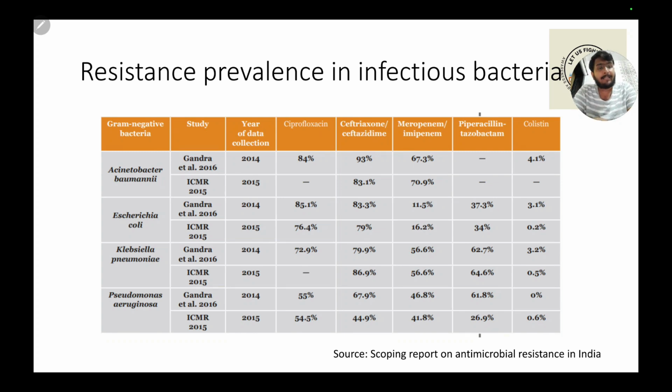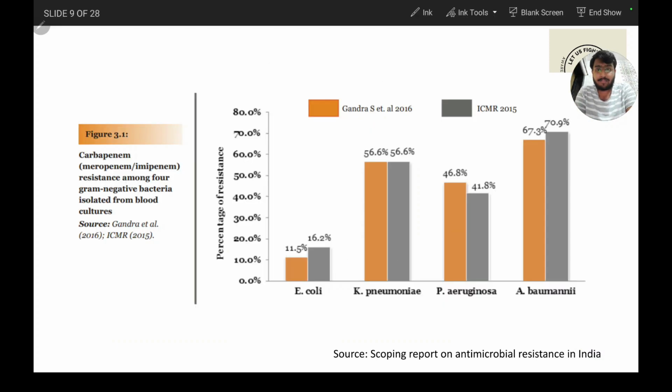Eventually with piperacillin and colistin also the resistance rate is increasing. Colistin especially is used when there are chronic cases of infection, and you can see that even with colistin the resistance rate is on the rise. And if we run out of all these antibiotics for treatment, indeed we will find it very difficult to save the life of the patient.